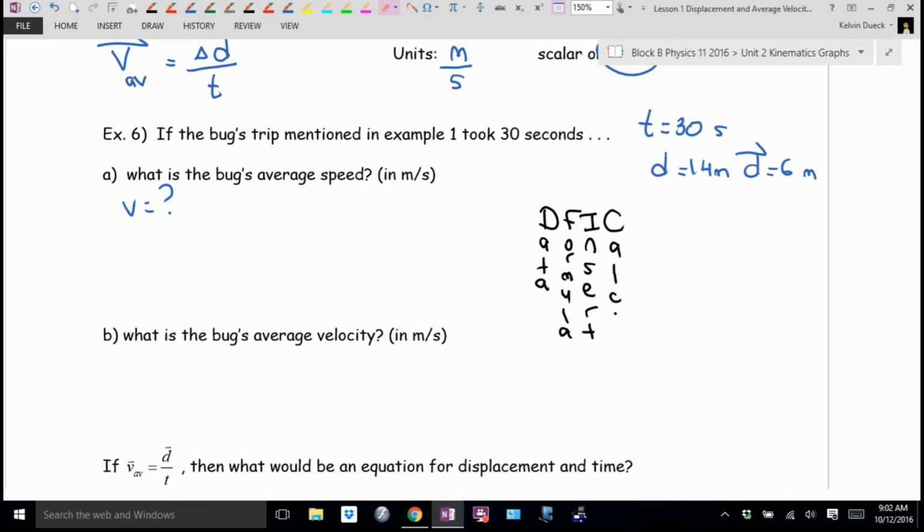Write those out. Then I look for an equation. What's the equation for average speed? Average speed is the change in distance over the time. Distance over time. Meters per second. It's going to be 30. What was the distance? 42 meters.